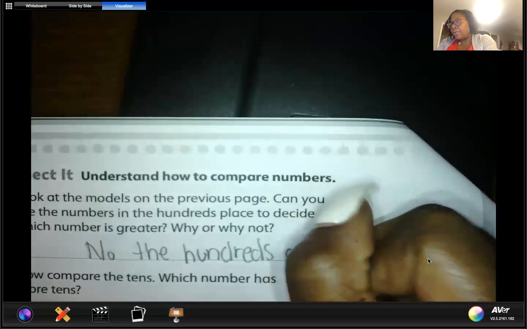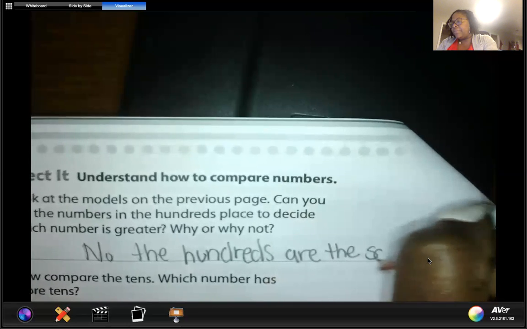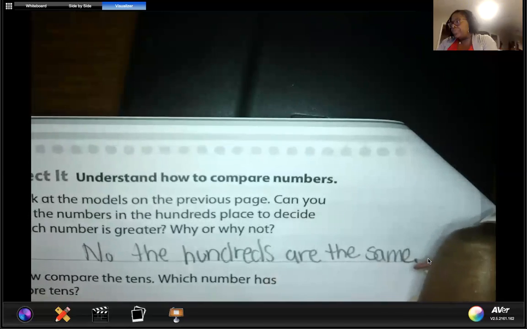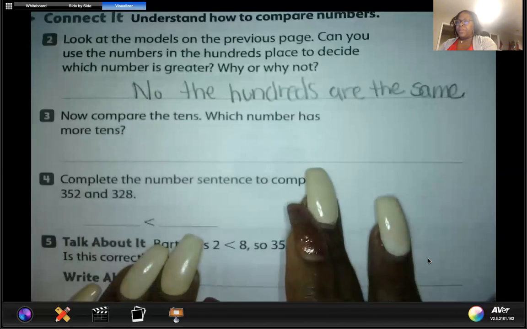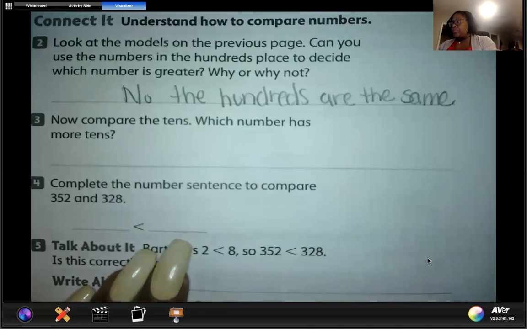So you're going to put no. The hundreds are the same. Pause the video. Make sure you have a piece of paper so you can write it, and then go back to the slide and put the answer in.